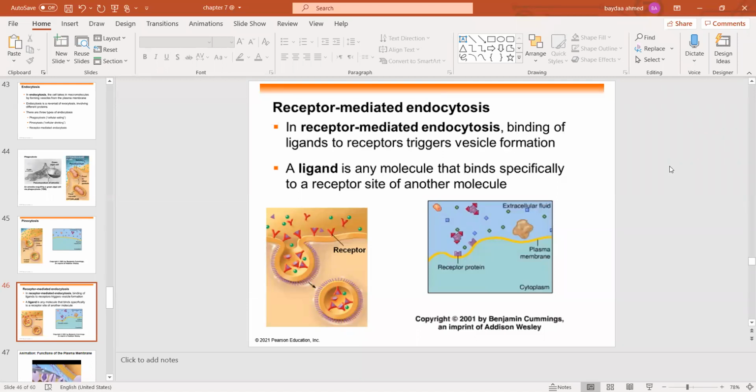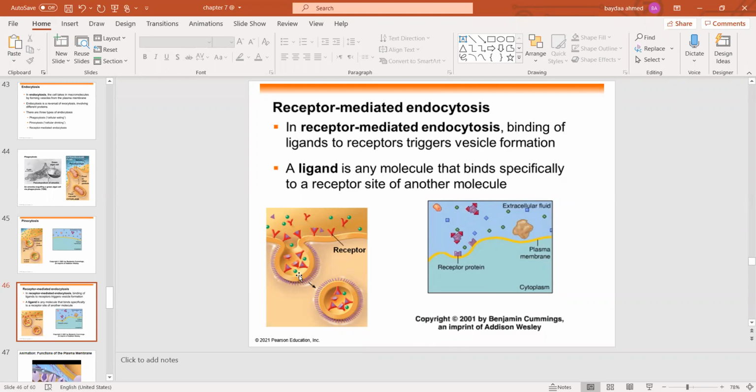Receptor-mediated endocytosis is a specialized type of pinocytosis that enables the cell to acquire bulk quantities of specific substances, even though those substances may not be very concentrated in the extracellular fluid.